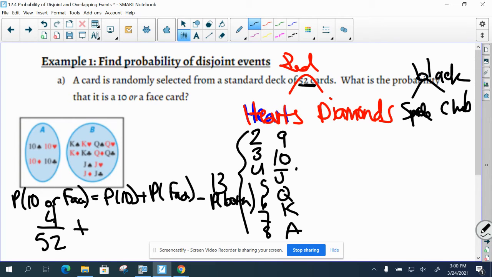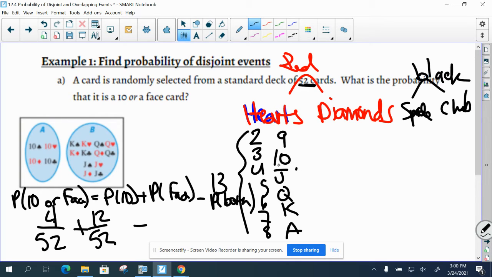And then plus the probability that it's a face card. The face cards are jack, queen, and king. They have faces on them. And so that would be 3 times 4, which gives you 12, so that would be 12 out of 52. And then minus the probability of a 10 and a face card happening at the same time.